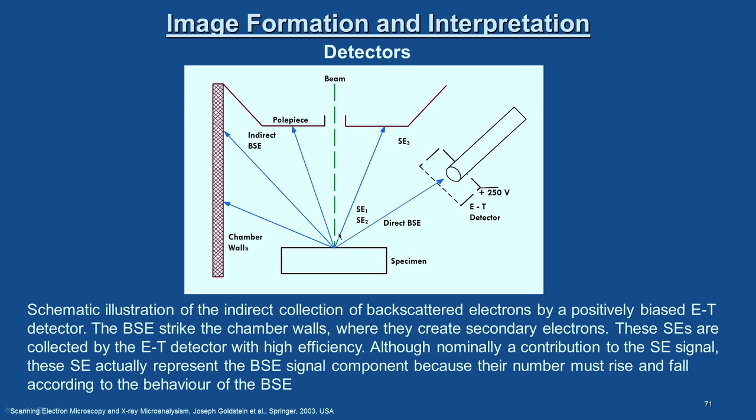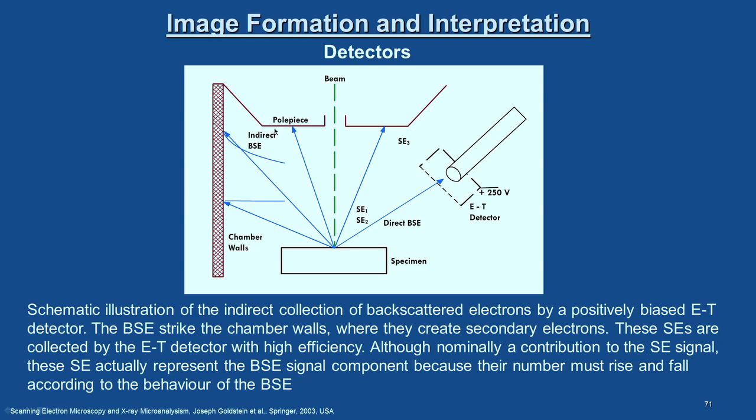And what you are now seeing here is, you have this ET detector positively biased. So, that means it can collect both BSE as well as SE. The important information which you have to observe in this schematic is, you see all these backscattered electrons which are shown with a solid line hit the bottom surface of the pole piece as well as the chamber walls.